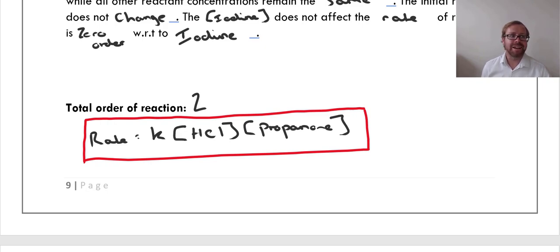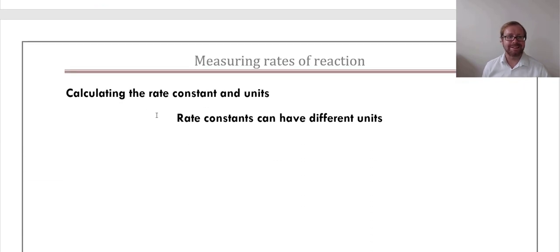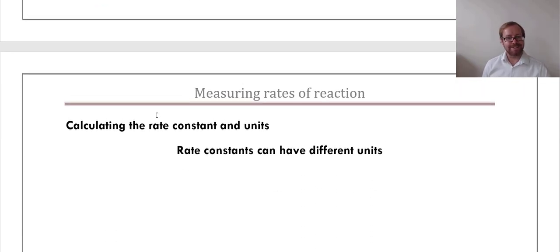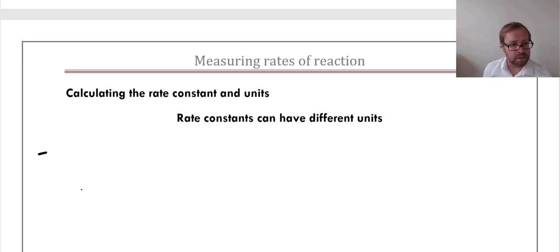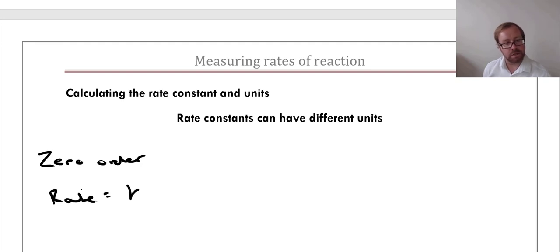Right, so we're getting very close to finishing. We're not quite, but we're getting there. So, calculating the rate constants and units. So rate constants can have different units, and these different units are depending on what the order of the reaction is. So, for example, if we have a look at a zero order reaction, we know that our rate equation will look like this.